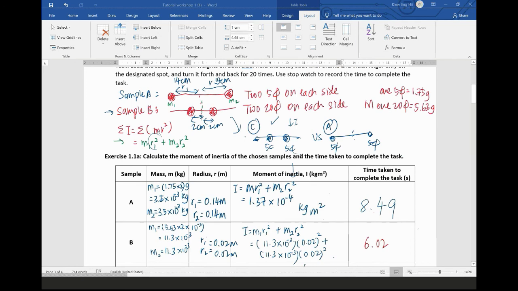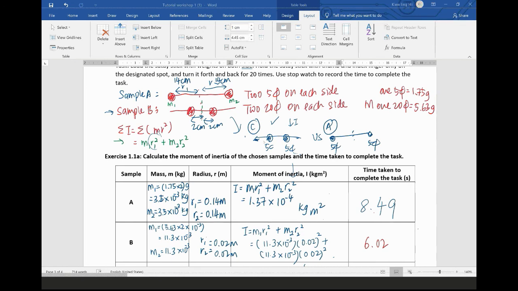Okay, so for the question, is it what you mean? Instead of sample B, if I modify sample B, changing the 20 cents to 5 cents at the center, and you compare sample A and sample C now, sample C will still move faster. Why? Because the moment of inertia is small.